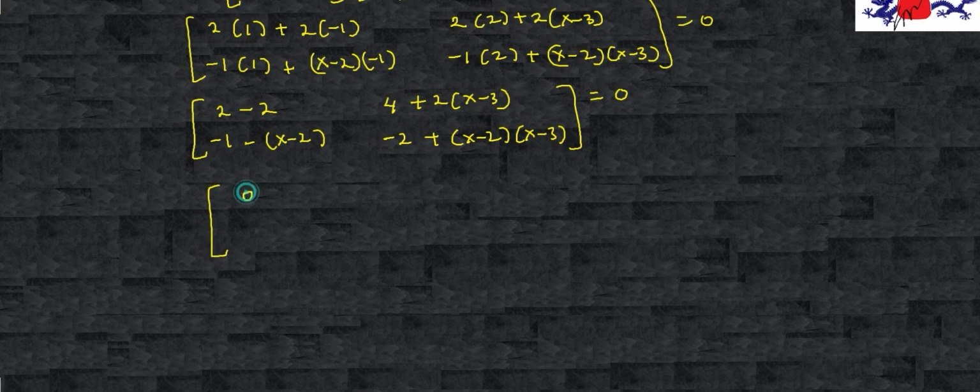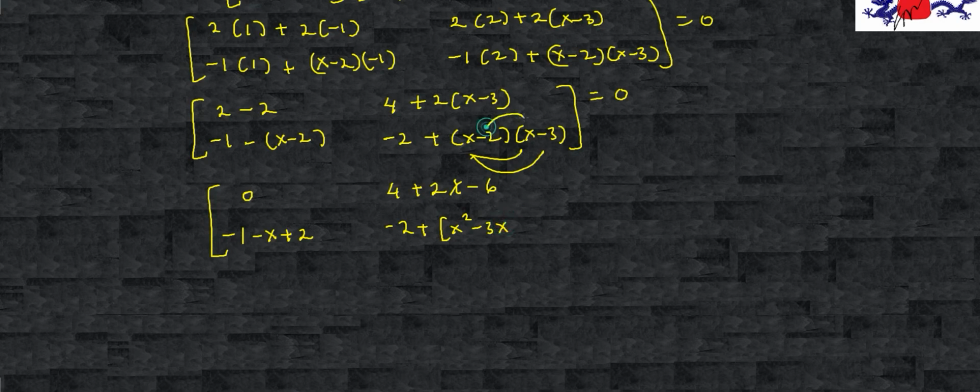So this is going to be 0. This one is going to be -1 - x + 2, and this is going to be 4 + 2 times x - 6, and this is going to be -2 plus, I'm multiplying x with x, that's x squared, and x with -3, that's going to be -3x. Then -2 with x would give me -2x, and positive 6. This has to be equated to 0.